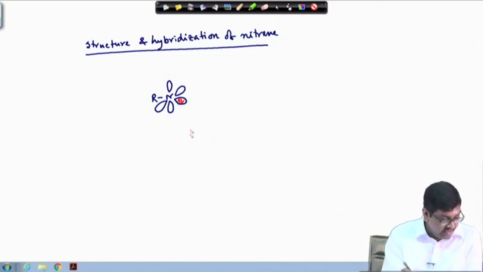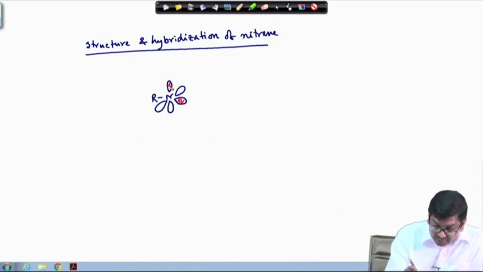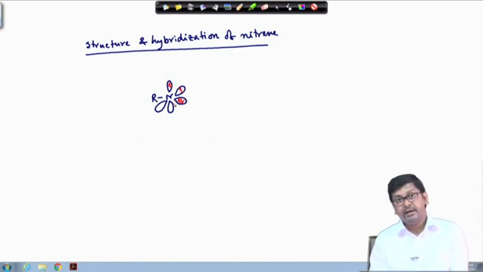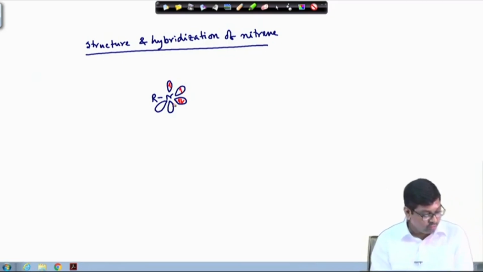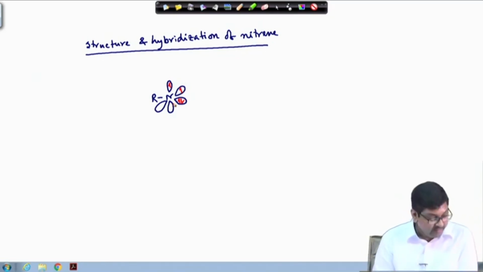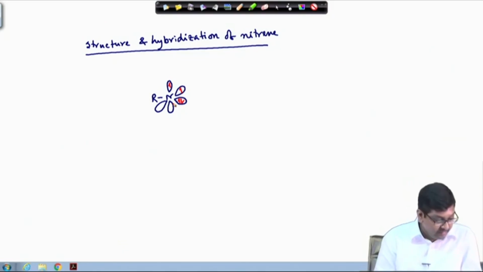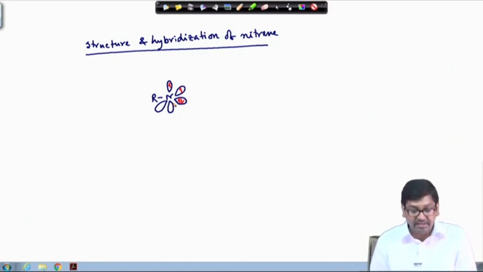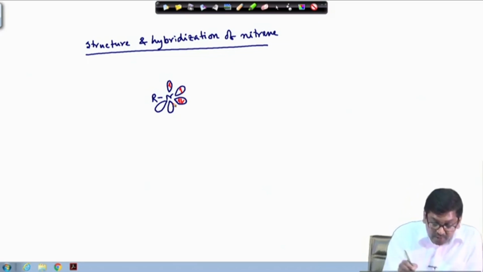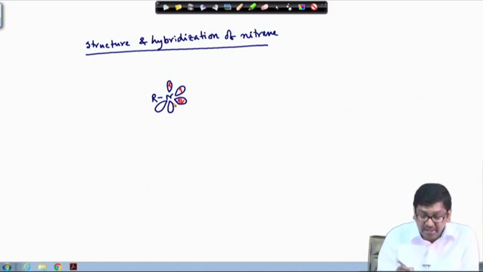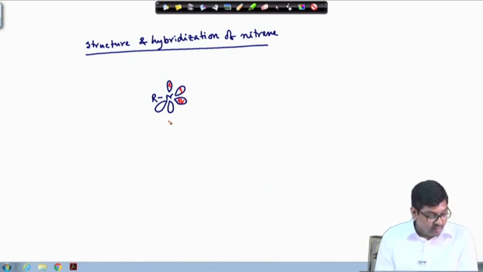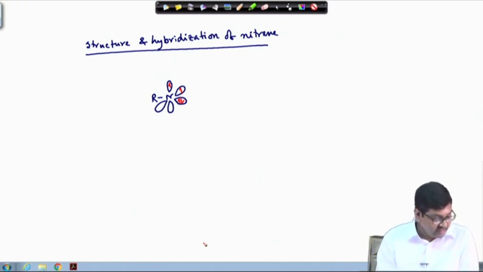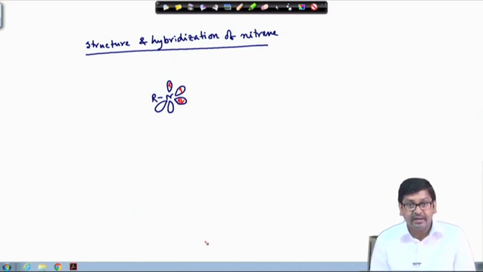The remaining 2 valence electrons will stay in almost degenerate non bonding molecular orbitals, in parallel spin.